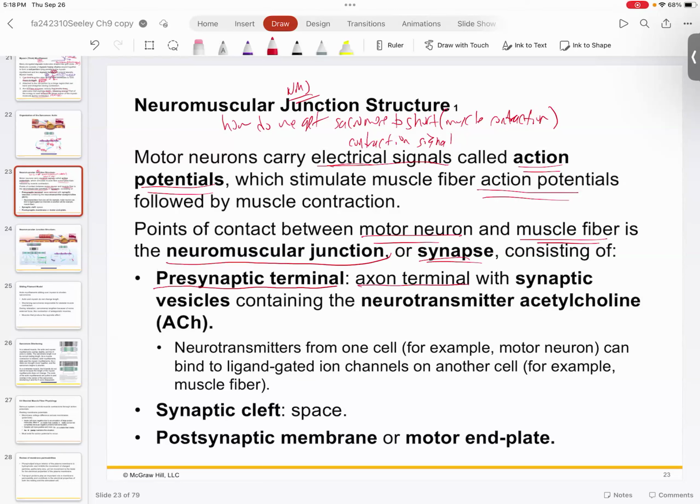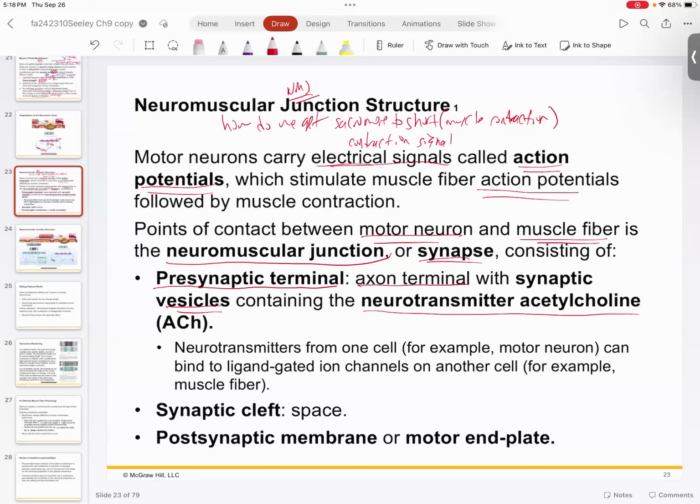Essentially an action potential has been galloping down the axon, heading toward its target. In this case, the target is a muscle because we're talking about a motor neuron. It arrives now at the presynaptic terminal. Waiting at this axon terminus are a series of what are called synaptic vesicles. Inside these synaptic vesicles are neurotransmitters.